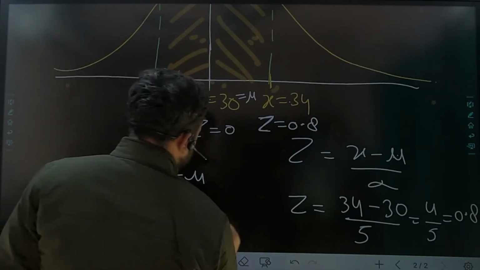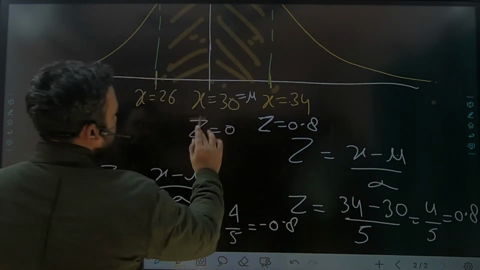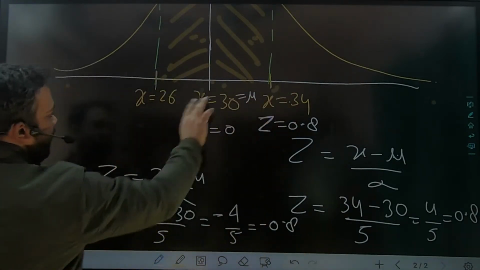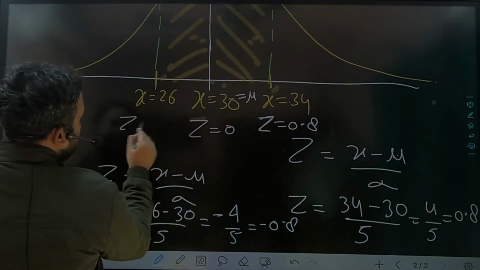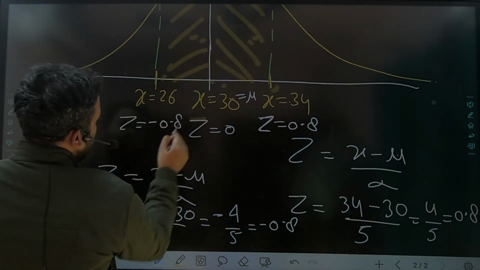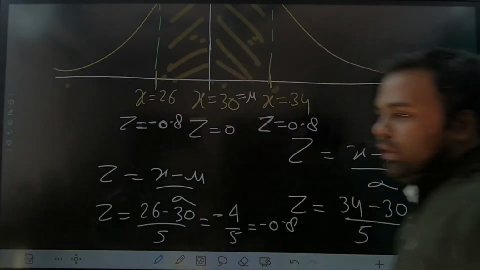So it is minus 4 by 5, equal to minus 0.8. It has to be, because how much you are going above 30, that much you are going below 30, so z will take the same magnitude: 0.8 and minus 0.8.